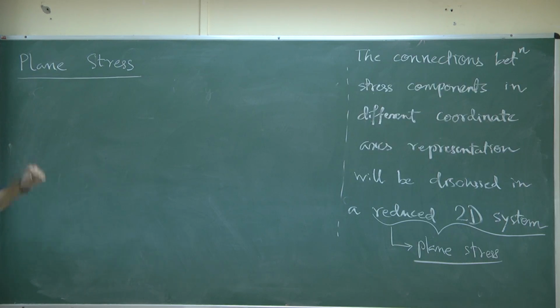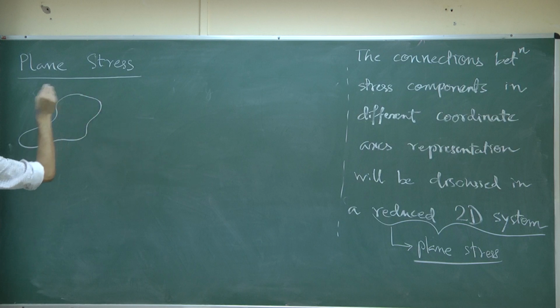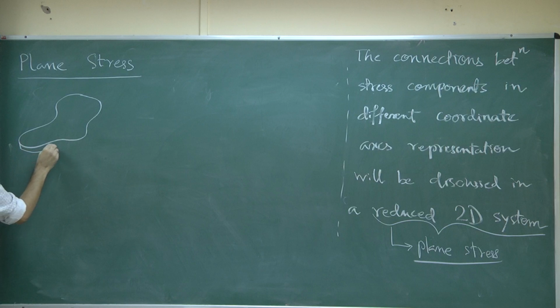So, what we are actually doing is considering a physical situation like this. This is not a general three-dimensional body, it is still a three-dimensional body, but of a special kind of shape.